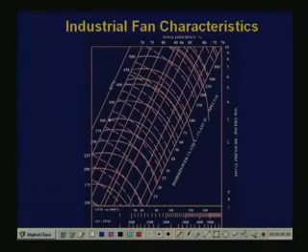So this is the constant RPM 300 curve, and we are at 100%. So it is somewhere over here. Can you see that?